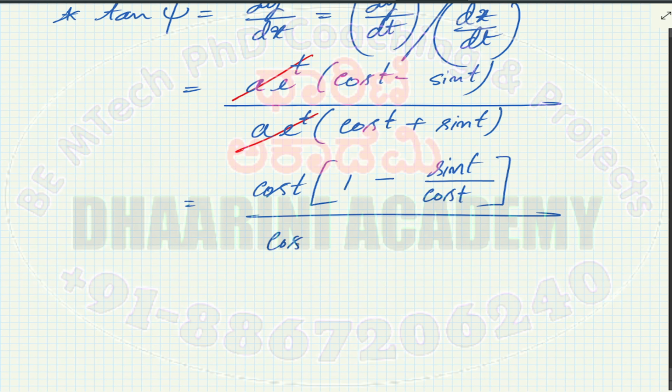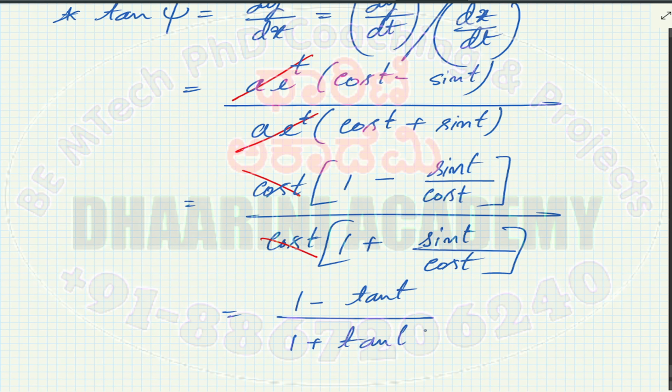Also I take the cos t outside, so this becomes 1 plus sin t divided by cos t. Once again it's clear that I am cancelling the cos t in both. So sin by cos is a tan function, so this is 1 minus tan t divided by 1 plus tan t.